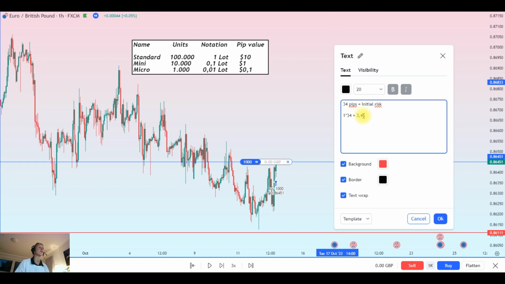So we would be risking $34 in this case. And if we would trade a standard, this would be $10 times 34 pips. So we would end with a risk of $340.